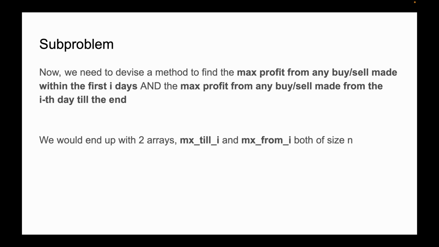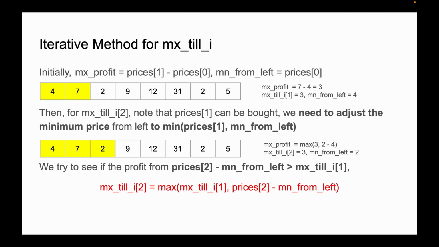The first array being maximum till i, which contains maximum profits from any trade between 0 and the ith index, and the maximum from i, which would show you the maximum profits possible from i to n minus 1 in the array. So how will we populate the maximum till i array?